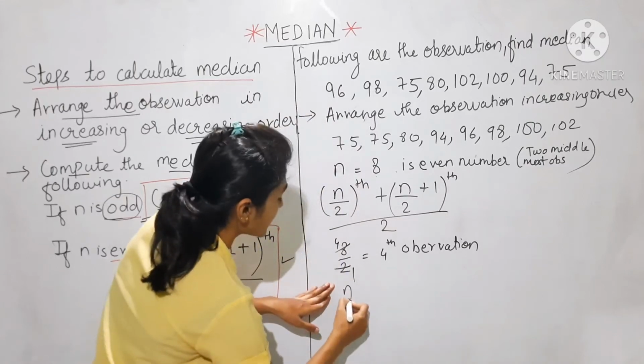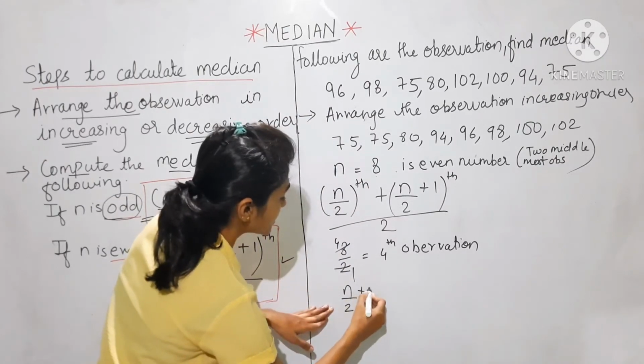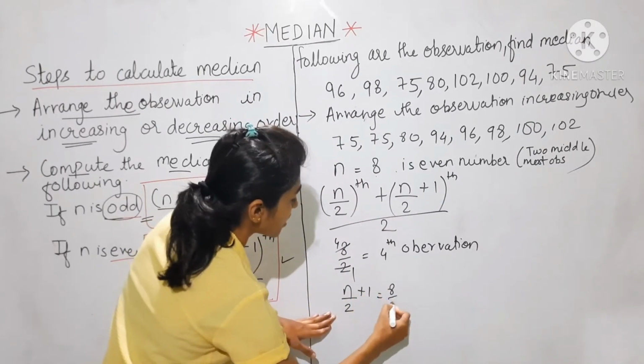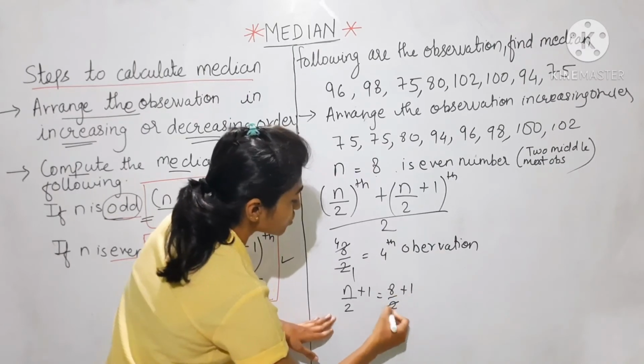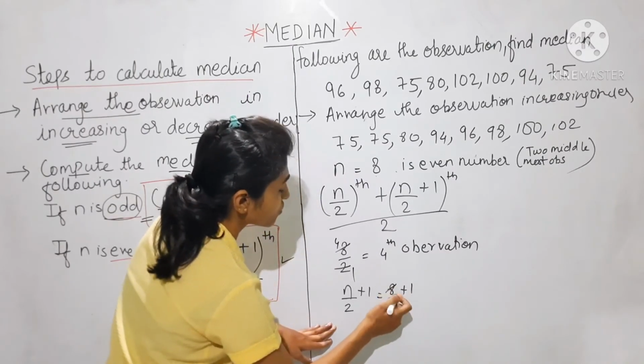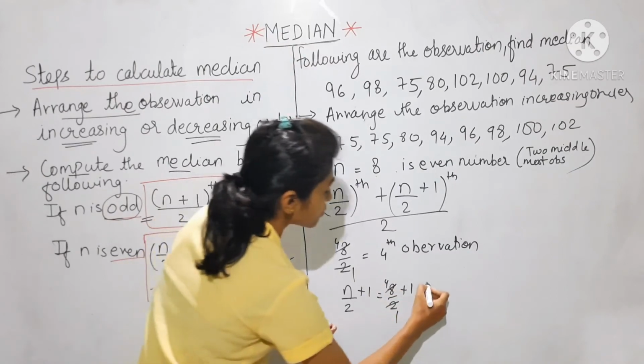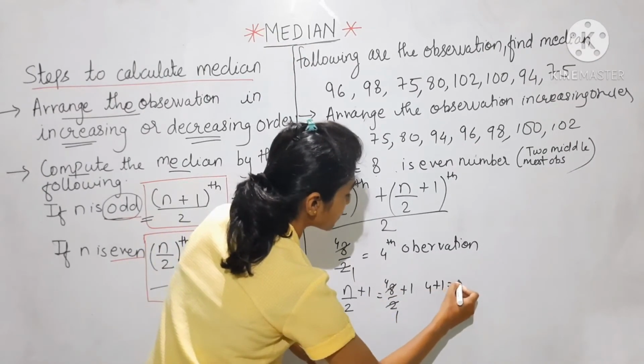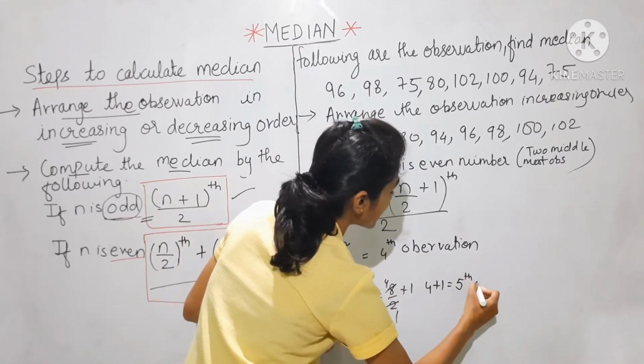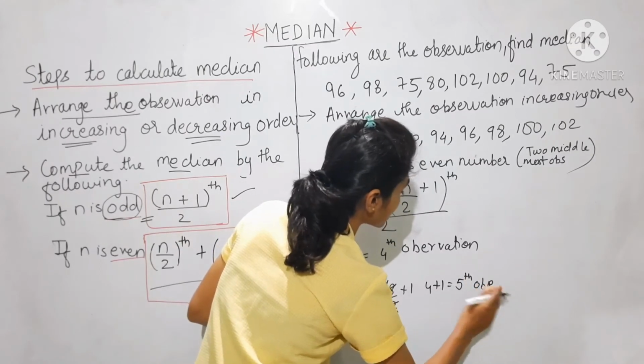Next is n upon 2 plus 1. So 8 upon 2 plus 1. 2 ones are 2, 2 fours are 8, so 4 plus 1 is equal to 5. That means the fifth observation.